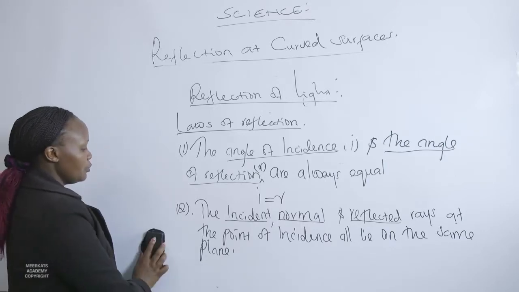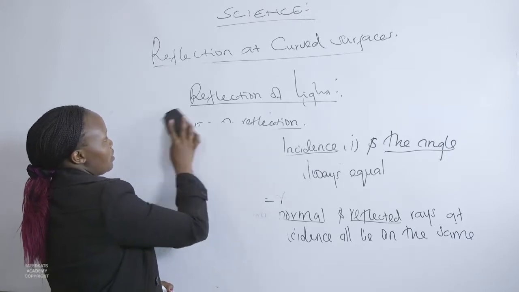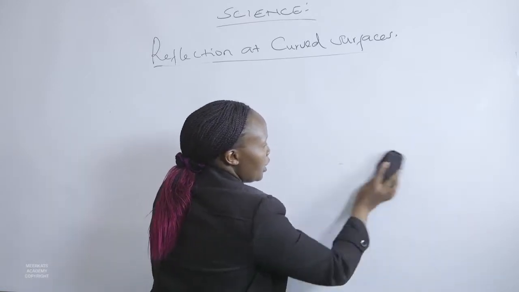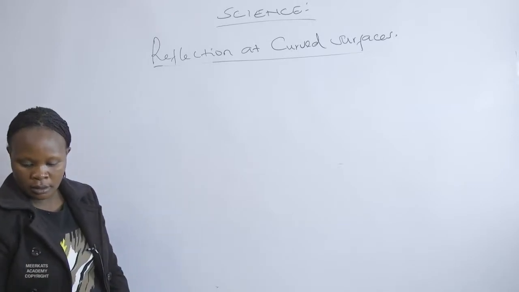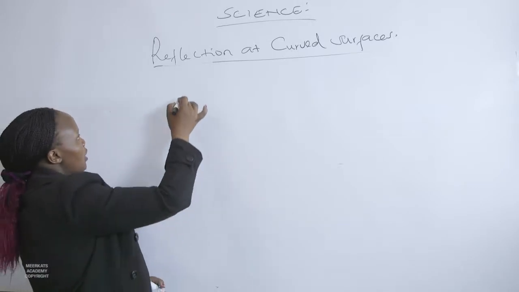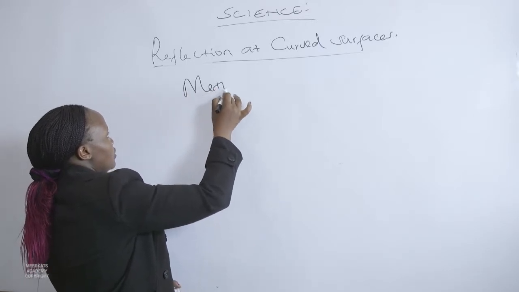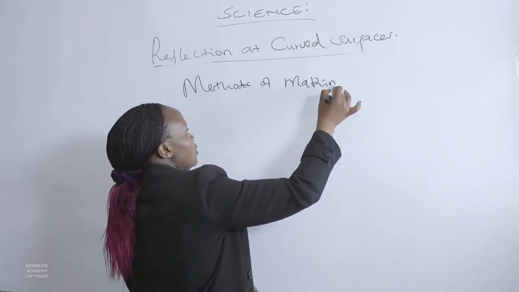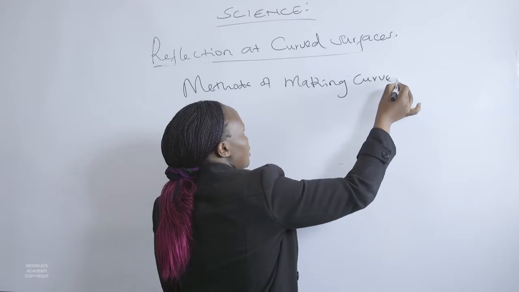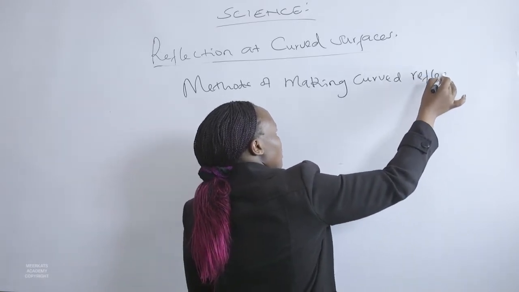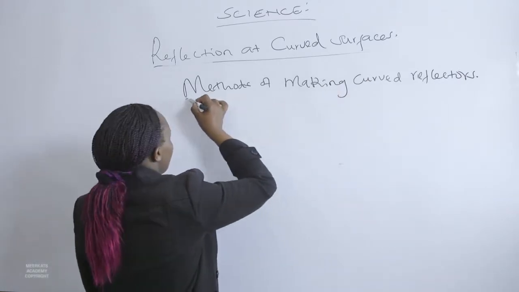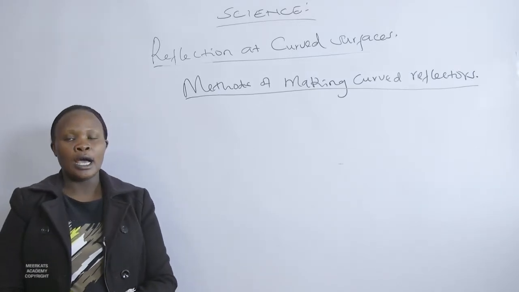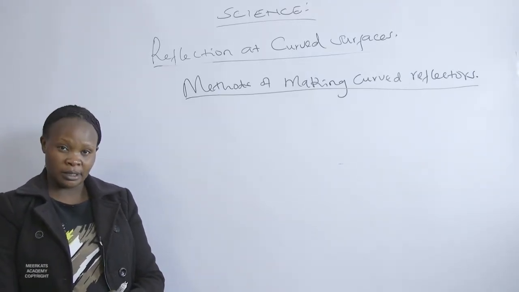Now, back to our curved surfaces. And we want to find out what are the methods of making curved reflectors. What are the methods of making curved reflectors? And basically, we have two methods.